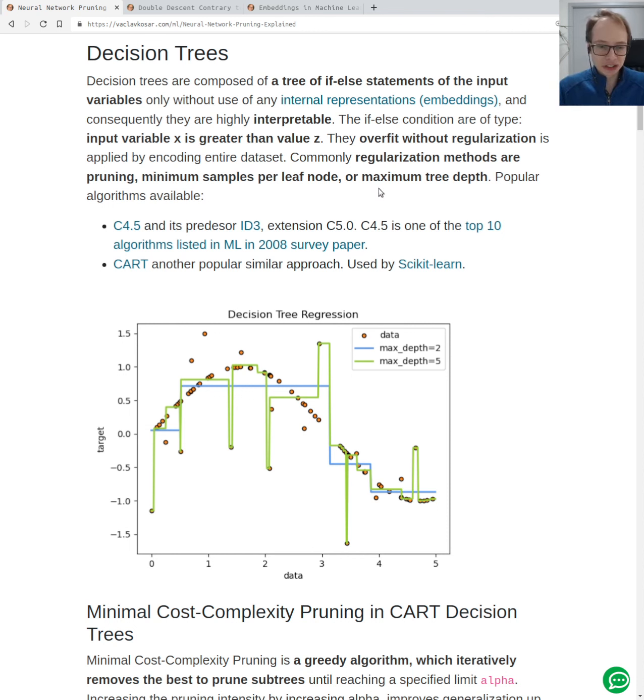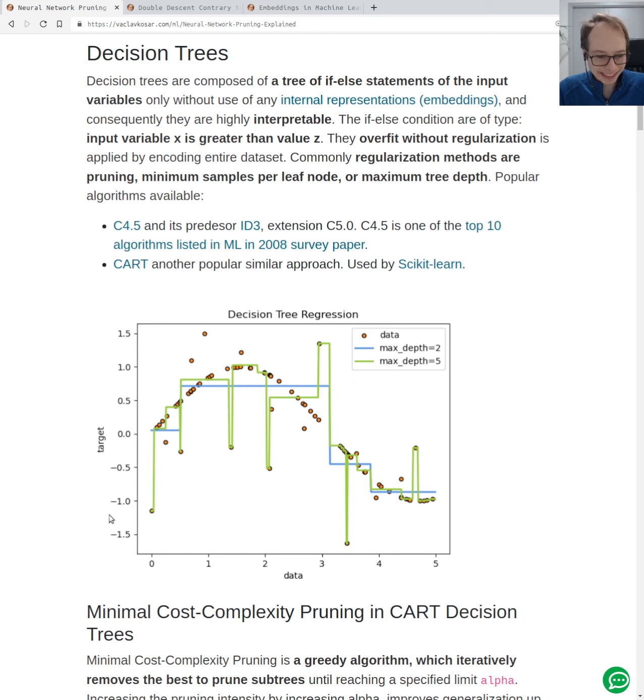And these decision trees, because they are just composed of these if-else statements, you can understand that I can just create enough if-else statements to overfit any data set, to just completely remember the data set, if I don't apply any regularization. There are various regularization methods that are used in decision trees, for example, pruning, minimal samples per leaf node, and maximum tree depth.